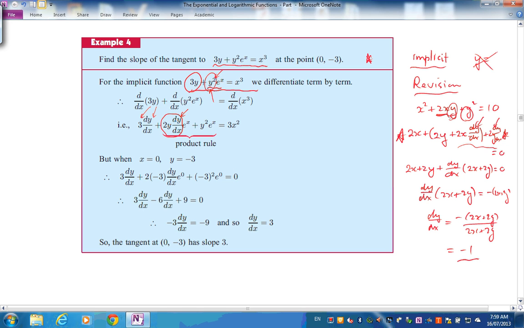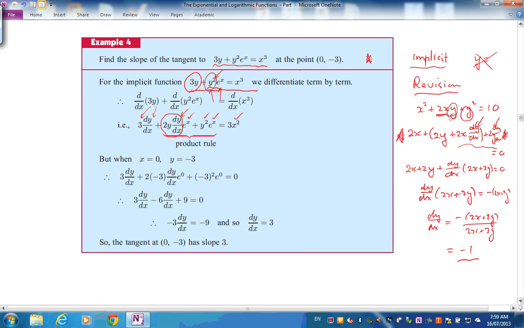Then the second term unchanged, plus the first term unchanged, derivative of e as itself, and then the right hand side. So you've got to keep your wits about you here. Some chain rule in there as well as the product rule.